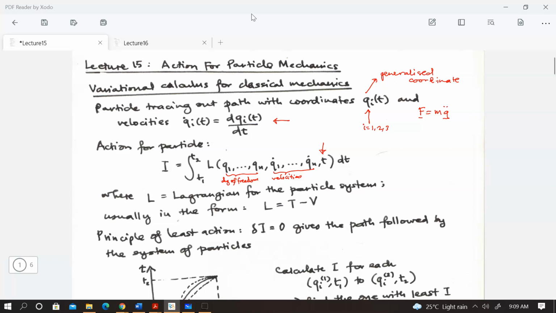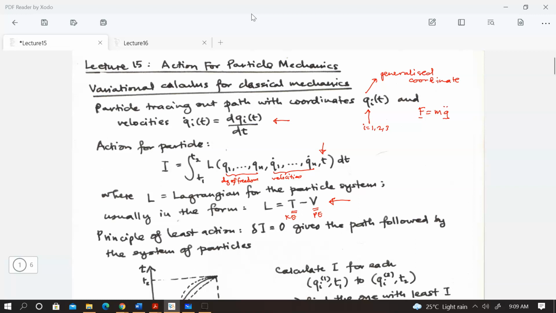If you have not seen the Lagrangian before, the Lagrangian is normally given in terms of the kinetic energy, and then the potential energy. So the difference between the two gives you the Lagrangian function.